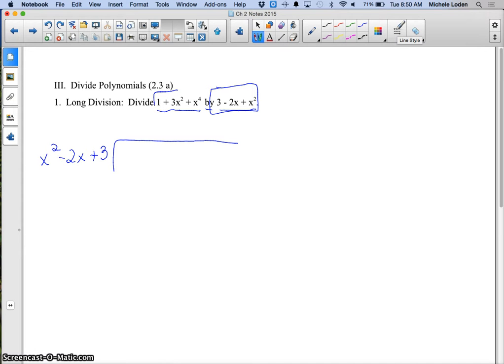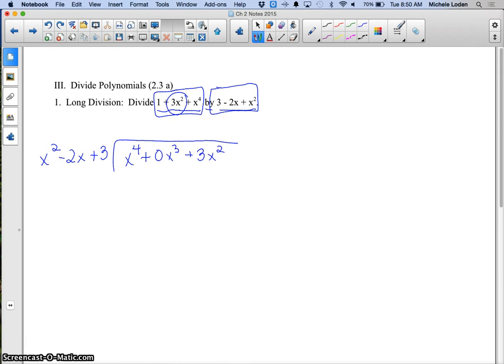Let's take what we're dividing into and place it inside this symbol. We start again with the highest power, x to the fourth. The next term in the polynomial is plus 3x squared. Because there is no x cubed, I must put a place marker for it, plus 0x cubed plus 3x squared.